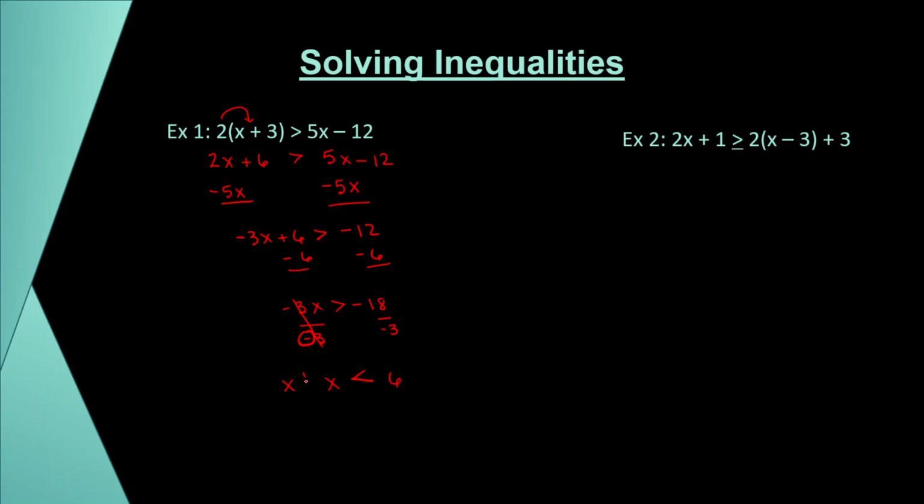To write it in set builder, I will put the brackets around it, and this reads x such that x is less than 6. To write it in interval notation, if I'm less than 6, I'm going to go everything to the left of 6. So I'm going to go from negative infinity to 6. And I use a parenthesis because I'm not equal to 6.